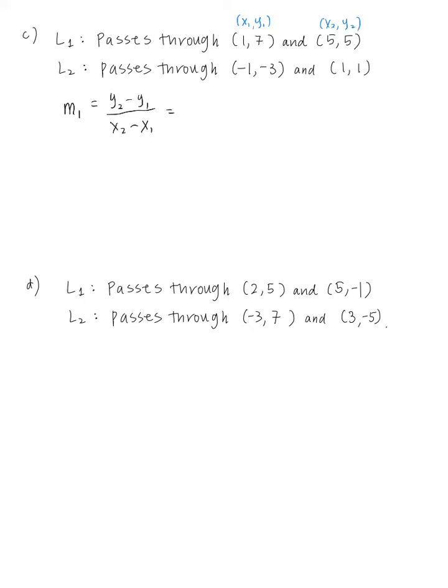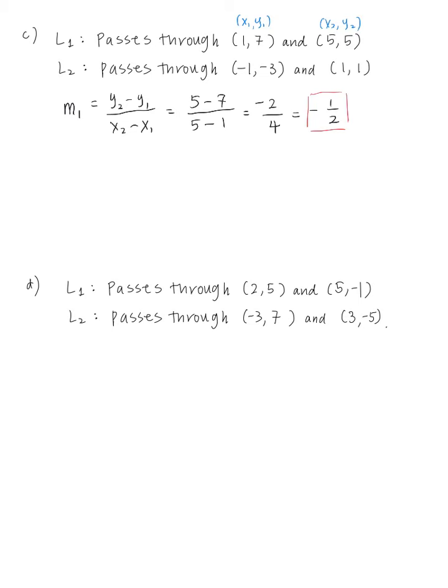Okay, so I'm going to plug and chug. So here you're going to have y2 minus y1, which is 5 minus 7, divided by x2, which is 5, minus x1, which is 1. So here you're going to have, what is that? -2/4. So it looks like the slope of the first line is going to be -1/2. Let me box that important information.